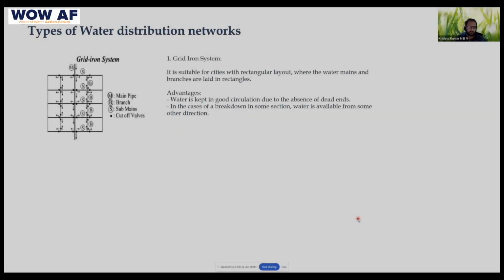So the first one is going to be a grid iron system. In this, if you see, there is a main pipe, which is actually from the treatment, from the source basically. The treated water will be stored in a reservoir, and from that reservoir, it is coming in the main pipe.